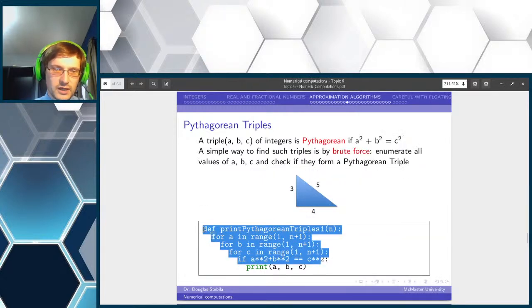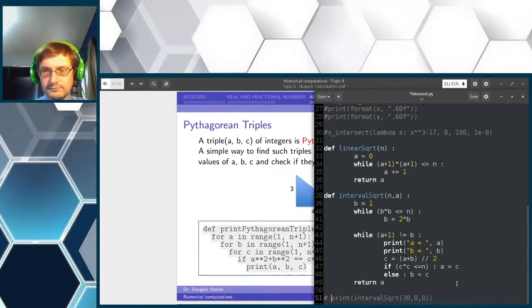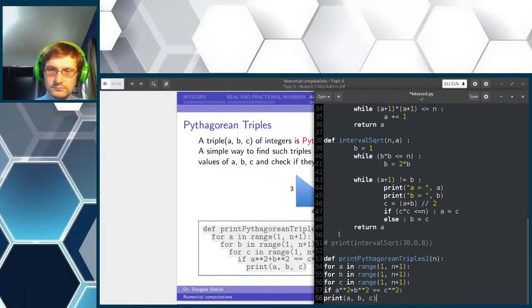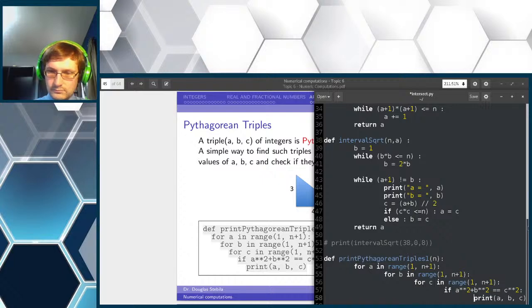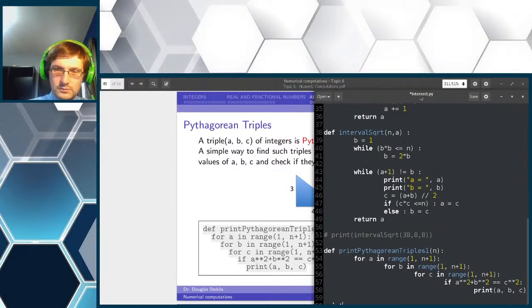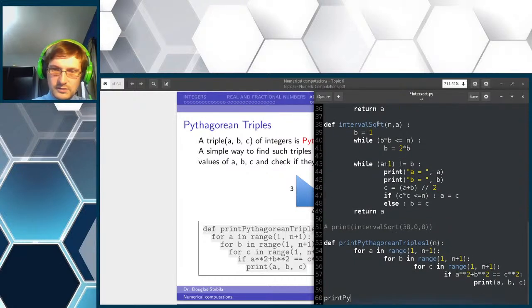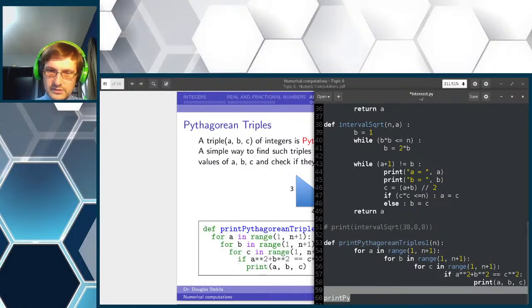Just gonna copy that, and then when it finds them, it just prints them. There we go. Print Pythagorean triples.